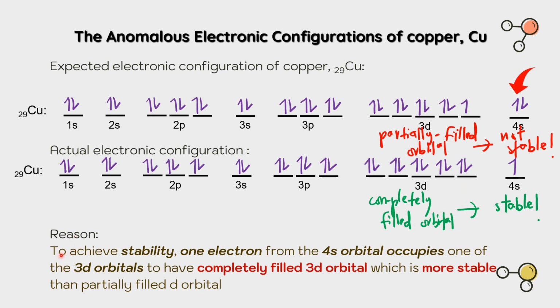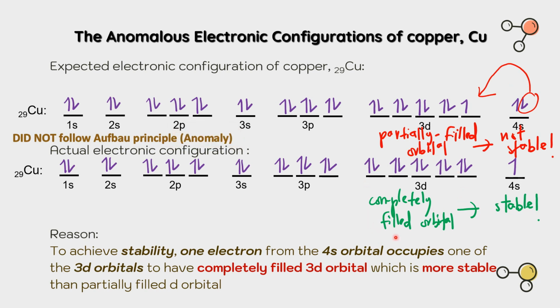So the reason is to achieve stability: one electron from the 4s orbital occupies one of the 3d orbitals. From this electron here, we move to the 3d orbital, in order to have a completely filled 3d orbital, which is more stable than a partially filled d orbital.